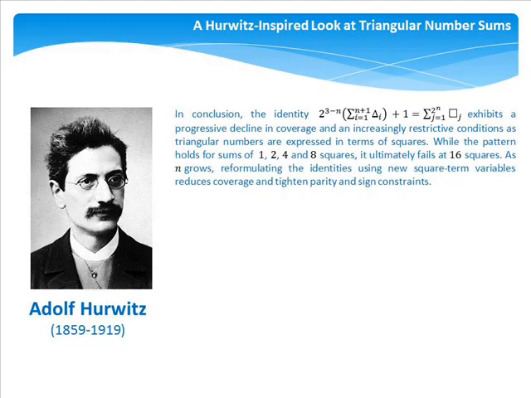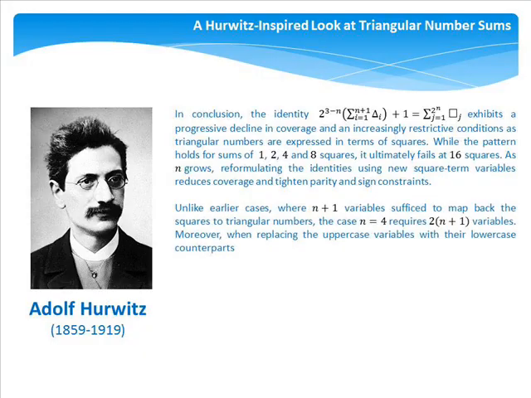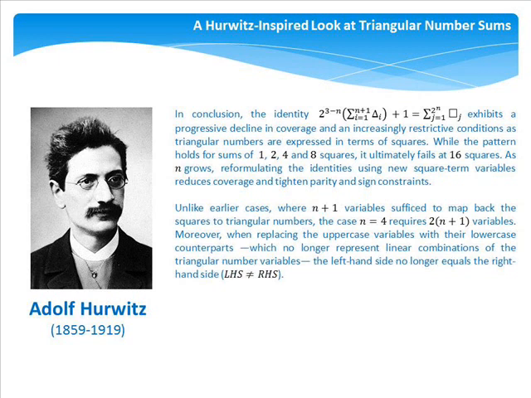Unlike earlier cases where n plus 1 variables suffice to map back the squares to triangular numbers, the case n equals 4 requires 2 times n plus 1 variables. Moreover, when replacing the uppercase variables with the lowercase counterparts, which no longer represent linear combinations of the triangular number variables, the left-hand side no longer equals the right-hand side.